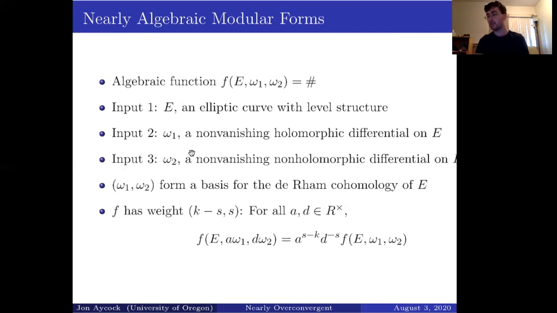And d comes out with the power negative s. So if we scale the entire basis by some single unit lambda, then we're going to end up scaling the whole output by lambda to the minus k. But we are splitting it out in two different spots this way.